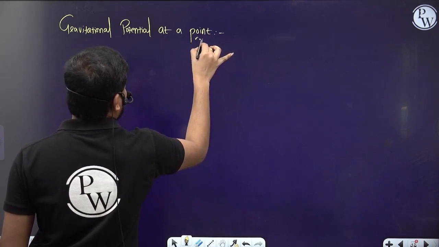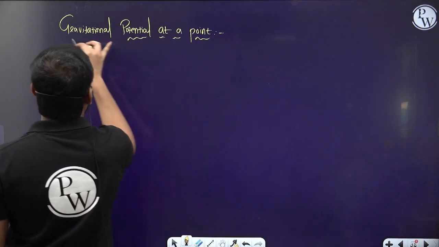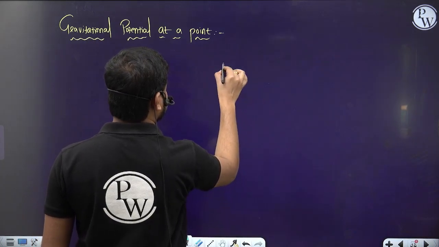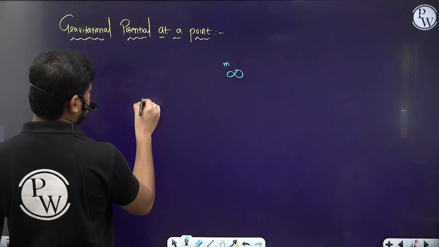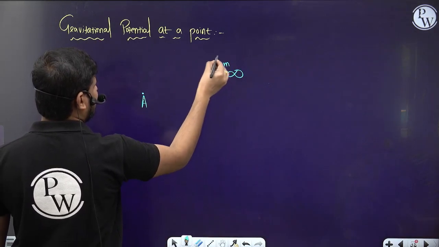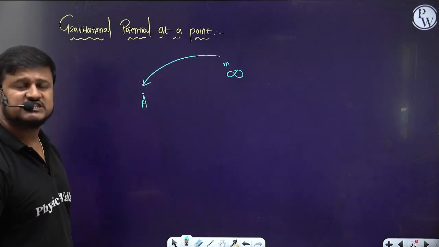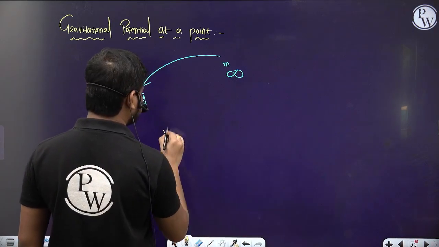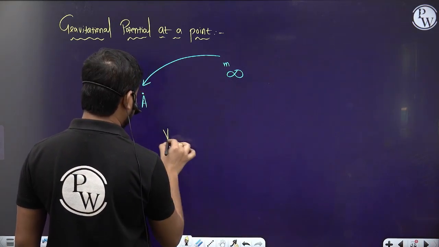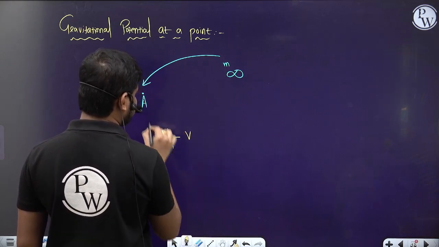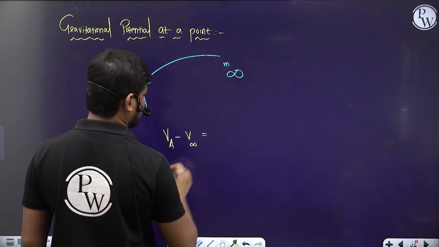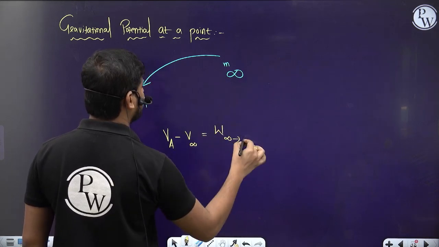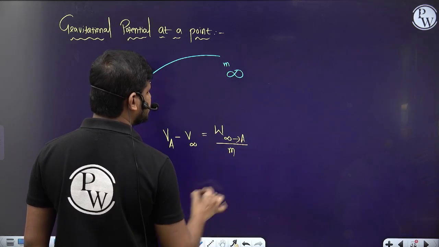Then what we assume is we bring the mass from some infinity distance. So this is the infinity, and let's suppose here we consider some mass m. Now you have to bring this to point A, very slowly, in such a way that the change in kinetic energy should be 0. Then the potential difference, VA minus initial, from infinity you are bringing, equals the work done from infinity to point A in bringing the mass m.